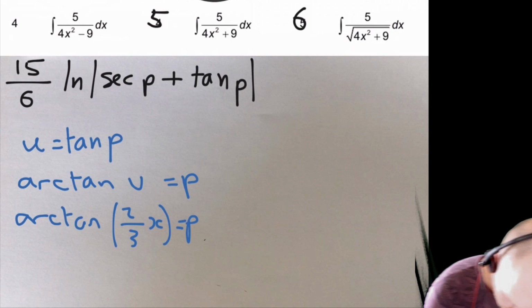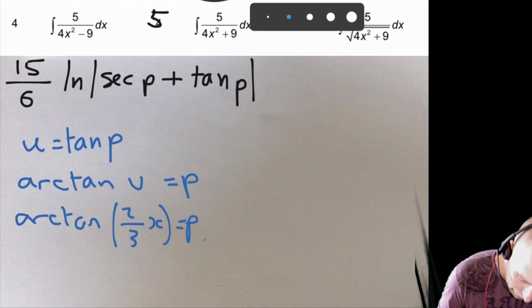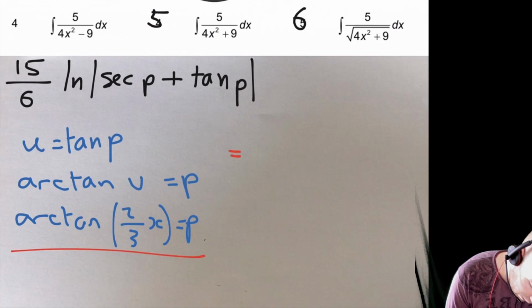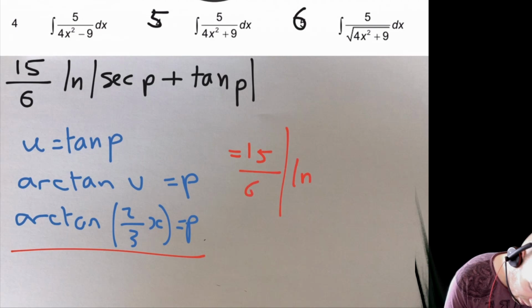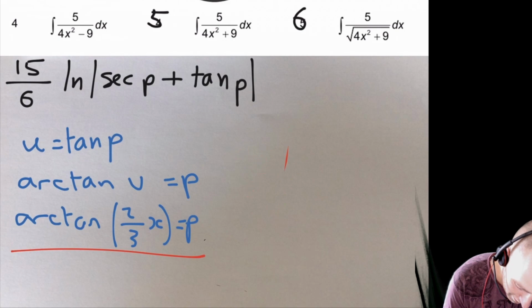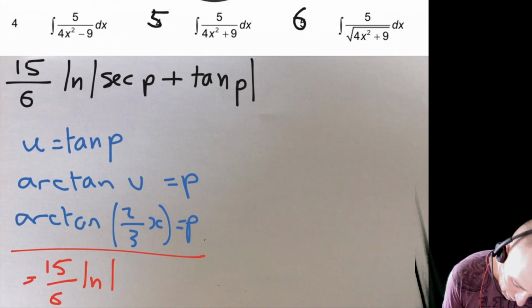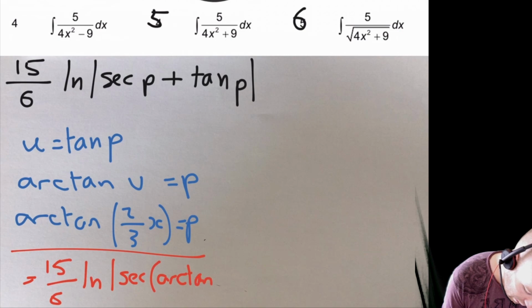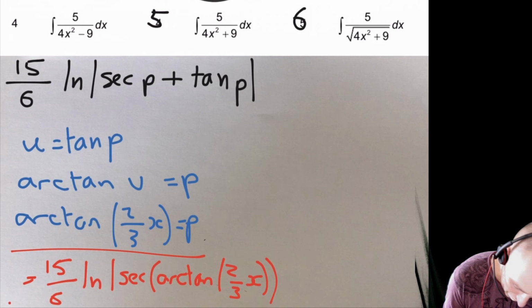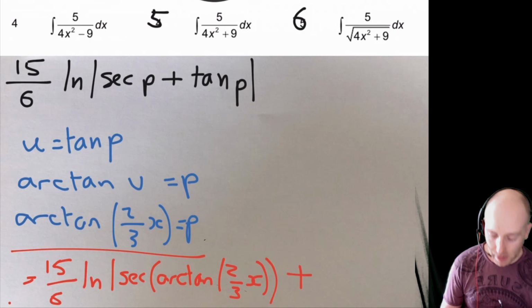So let's try and put all this back together. I'm going to substitute this in wherever I see p. So we're going to get 15 over 6 ln. Now sec p is going to be sec of arctan 2/3 x, plus tan p, which is tan of arctan.